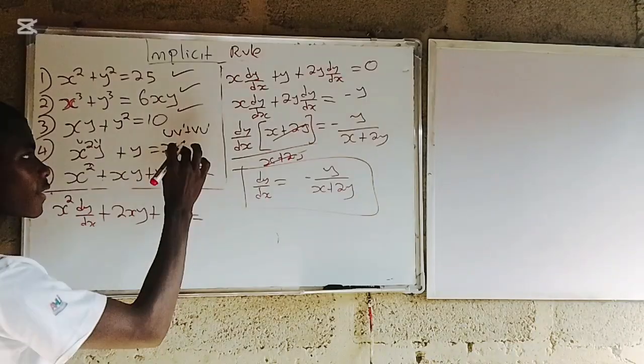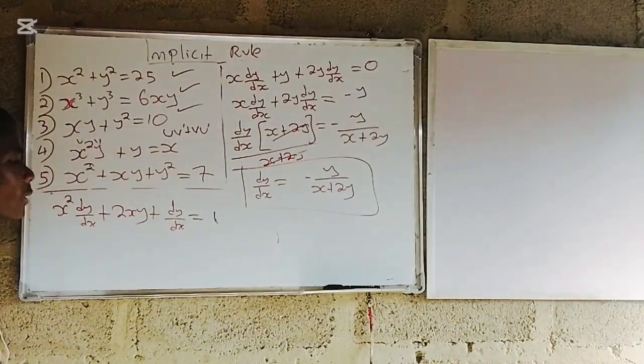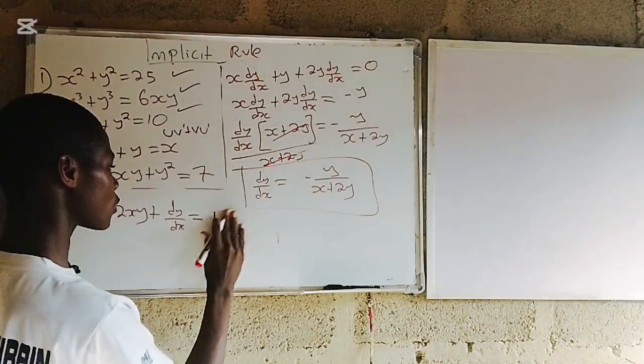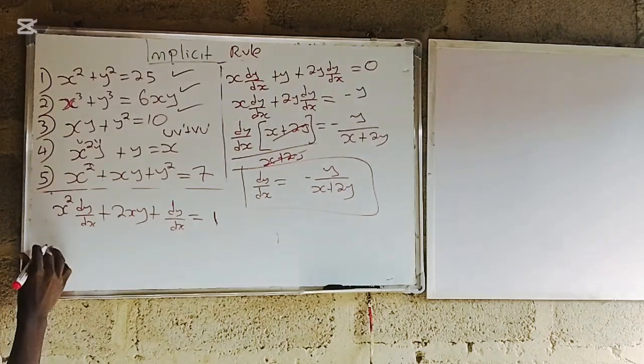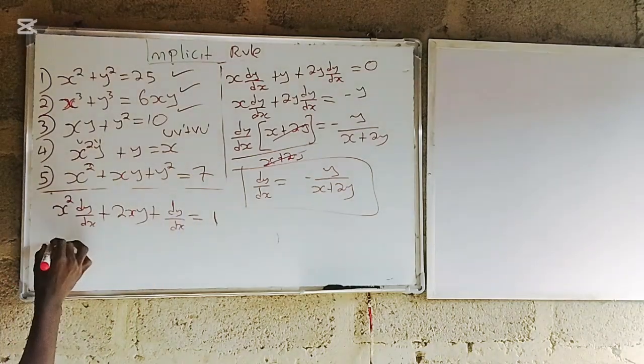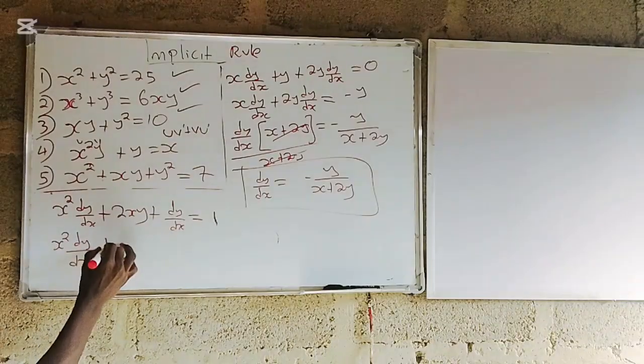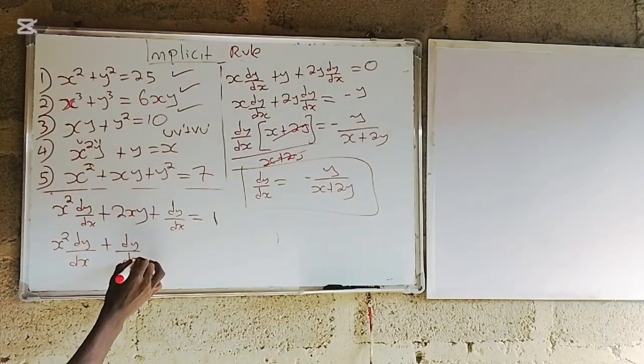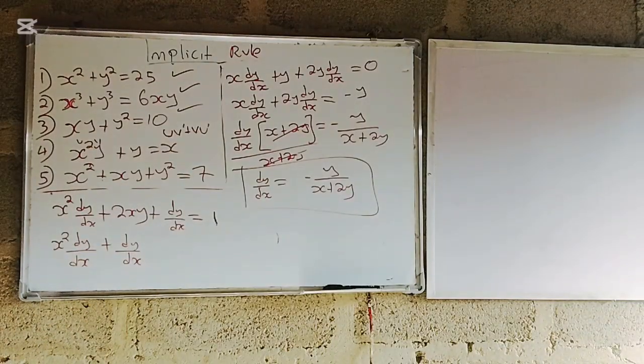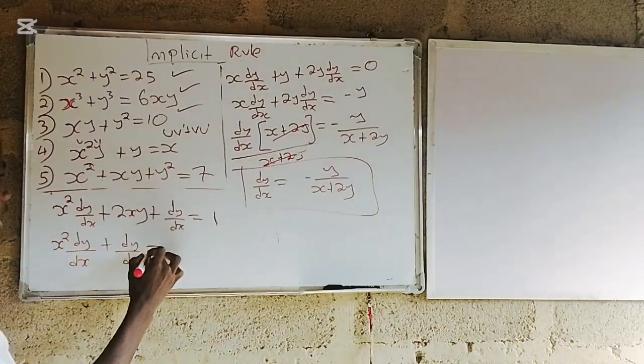So this should now be equal to differentiate x, which is 1. So this should now be equal to dy/dx. I have x squared dy/dx, plus also dy/dx, and therefore it will not be equal to this.